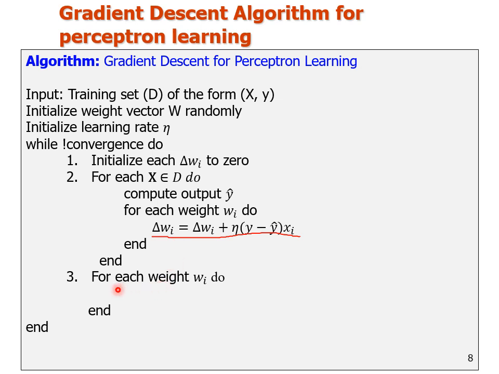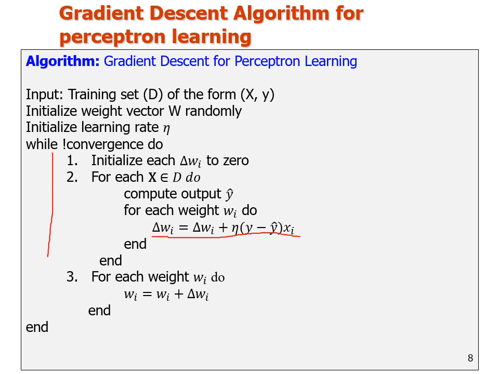What we are going to do next is, for each weight Wi, update all those Wi's simultaneously. Wi is computed as old Wi plus delta Wi that we computed in step number 2. We are going to repeat this entire process again and again.